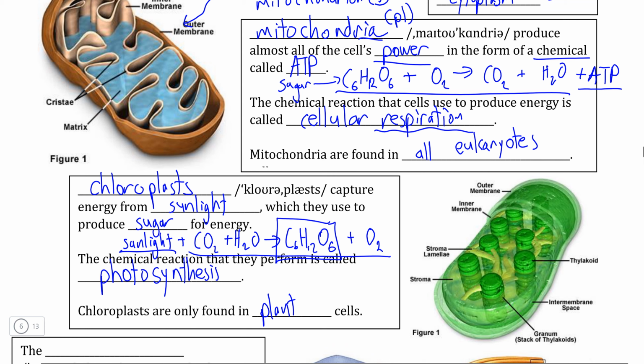Now, even though plants are able to make their own sugar for the purpose of energy, plants still need mitochondria in order to break down the sugar molecule for the purpose of energy, and also because sunlight is not active all the time. So plants need to use the sugar that they produce during the daytime in order to produce energy whenever there is no sunlight, such as at nighttime.